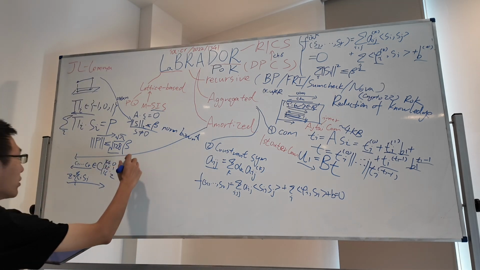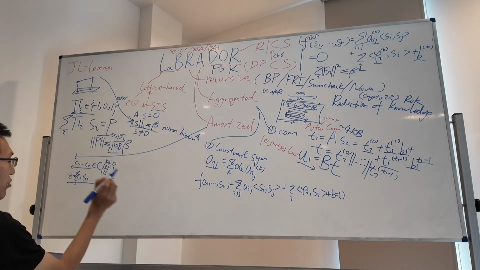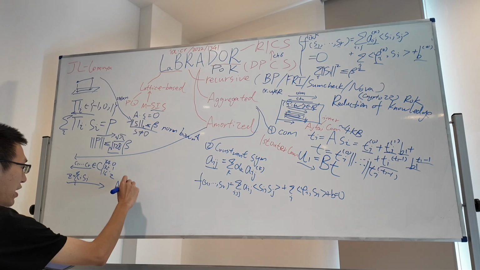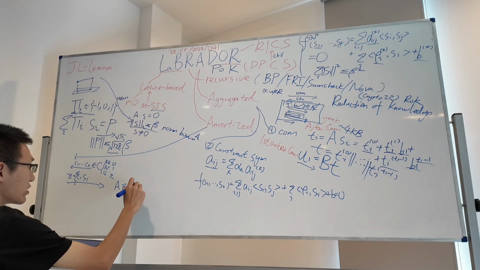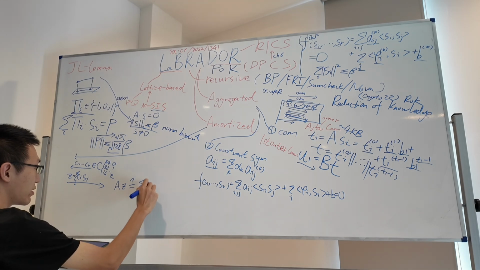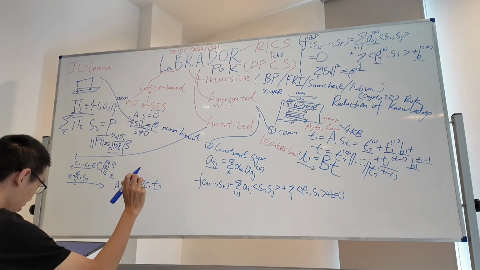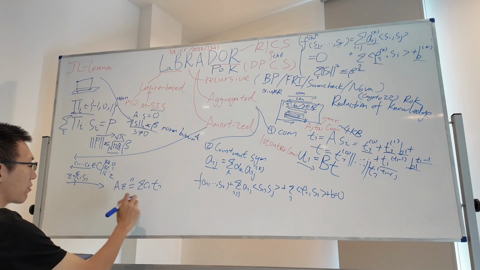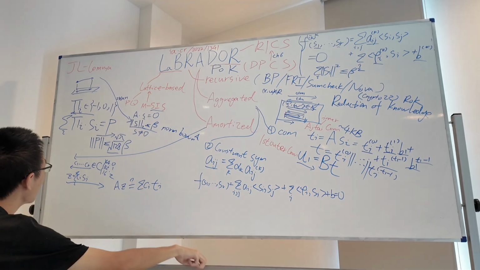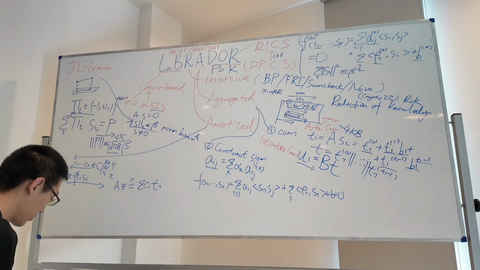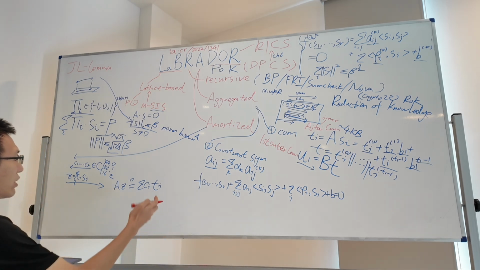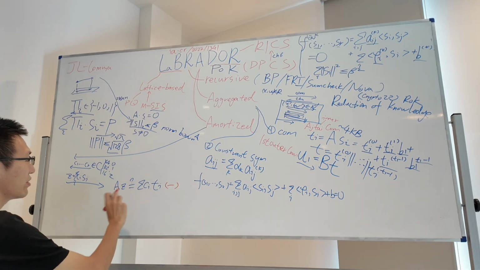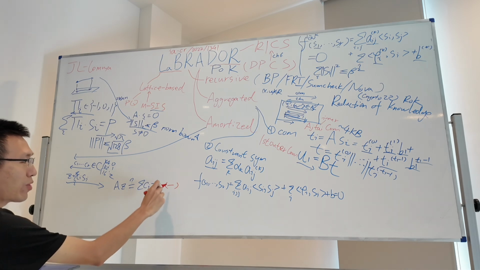Firstly, directly related to this one, he will check whether AZ equals the sum of Ci Ti. So I'll write it as the first thing the verifier needs to check. That's one, right?